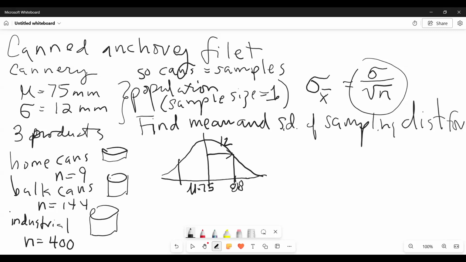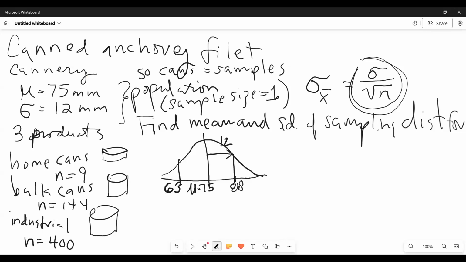And then 75 minus 12, which is 63. That's going to be its standard deviation and its mean. All right, so that's our population, equivalent to our sample size being 1. We're going to take 12 and divide it by the square root of 1, which is 1.